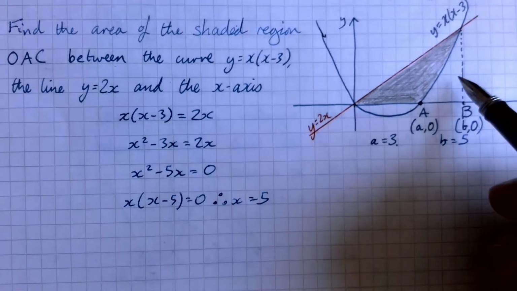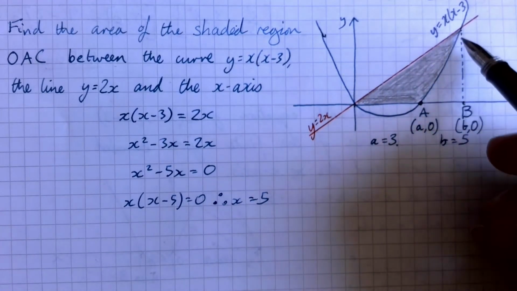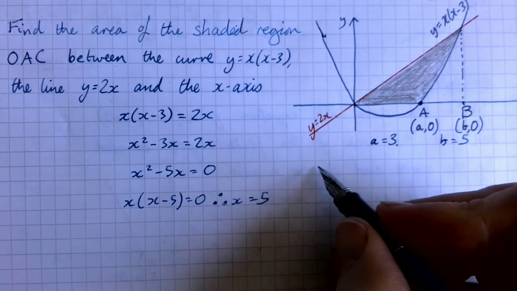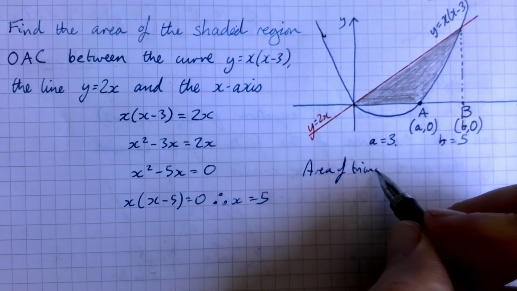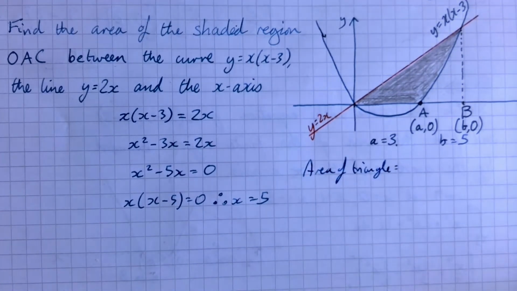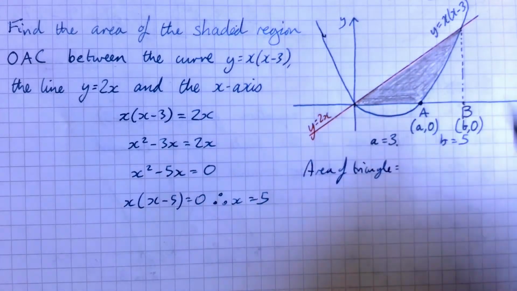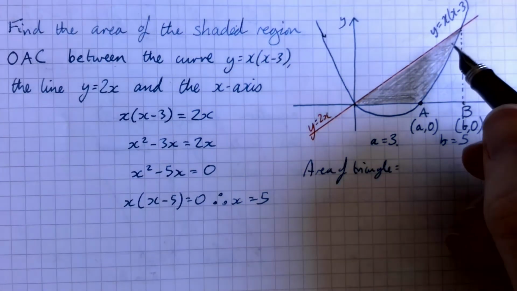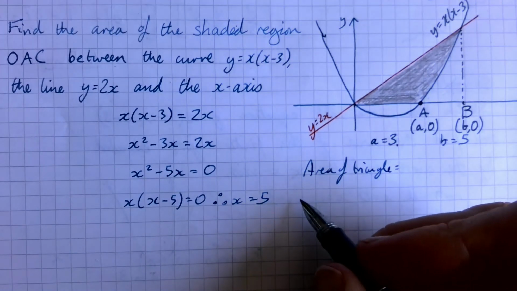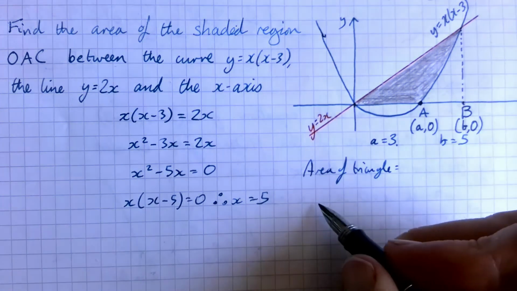Now we need to work out this area here. So this is the area under the curve between 5 and 3, and then take it away from the whole triangle. If we do the triangle first, pause the video, do that nice and quickly. We're going along 5, and then we just need to know how far up we're going, don't we? So in order to know how far up we've gone, we need to substitute x is 5 back into this equation, don't we?